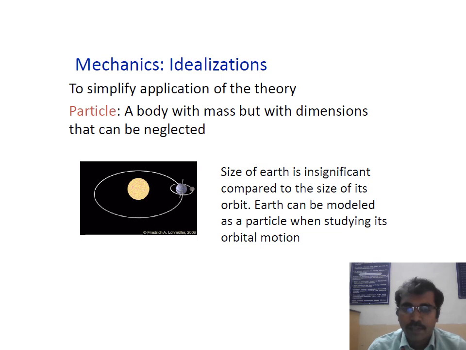The size of the earth is insignificant compared to the size of its orbit. If our focus is only on the earth, then we can consider the earth as a particle with respect to the orbit size. Earth can be modeled as a particle when studying its orbital motion.